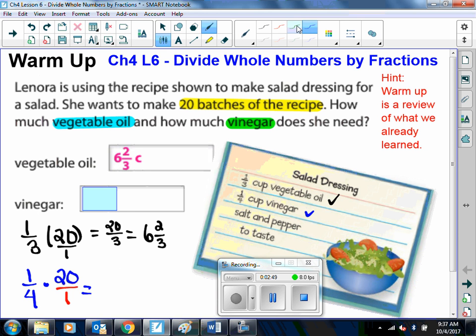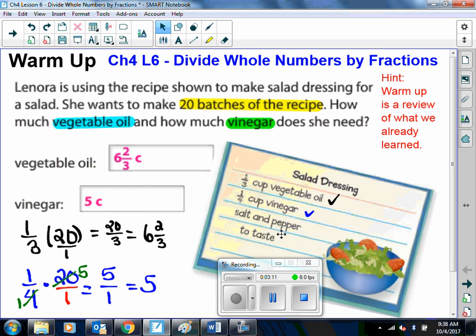Yes, we can. 4 divided by 4 is 1, and 20 divided by 4 is 5. When we multiply straight across, 1 times 5 is 5, 1 times 1 is 1. So how much vinegar does she need? 5 cups. Very good.